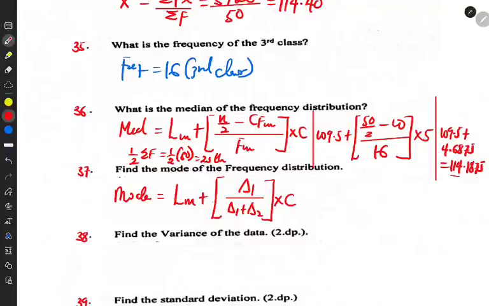Triangle 1 represents the difference between the frequency of the modal class and the previous frequency. And triangle 2 represents the difference between the modal frequency and the next succeeding frequency.